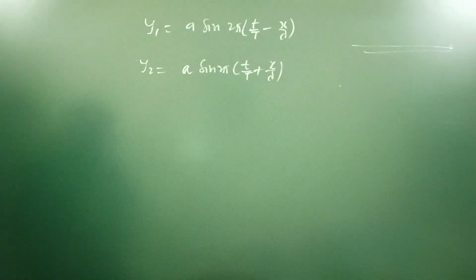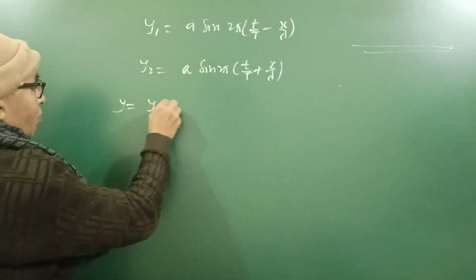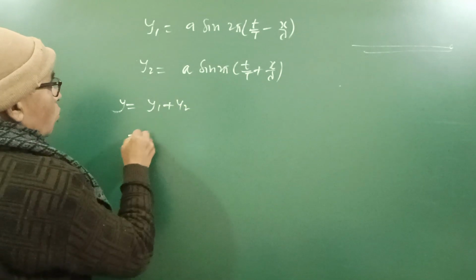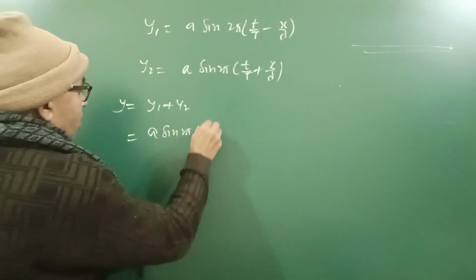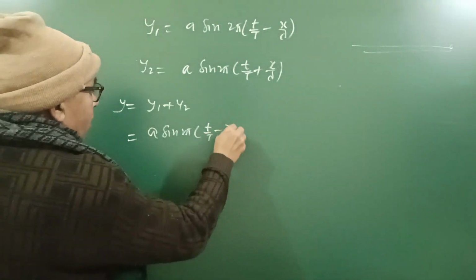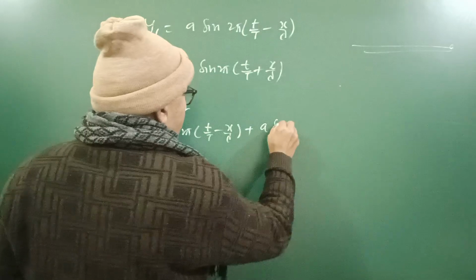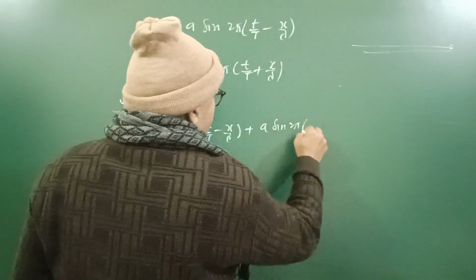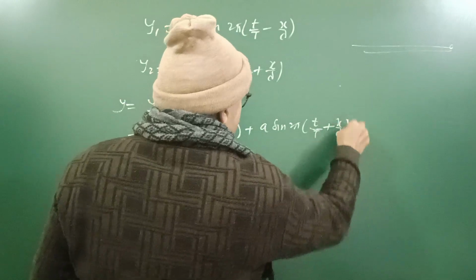Superposition of these two waves will produce a standing wave whose displacement y equals y1 plus y2. So it is a sine 2 pi t upon T minus x upon lambda plus a sine 2 pi t upon T plus x upon lambda.